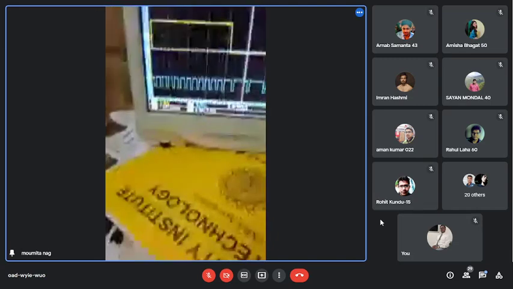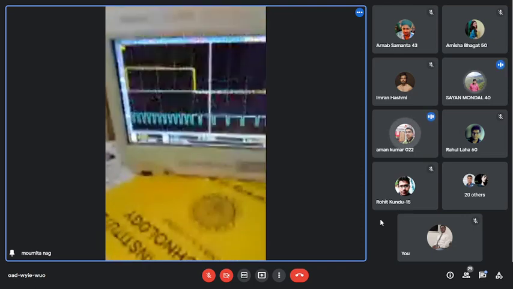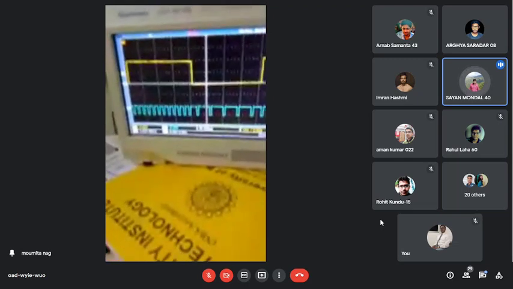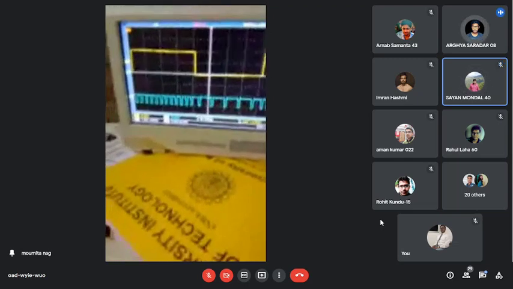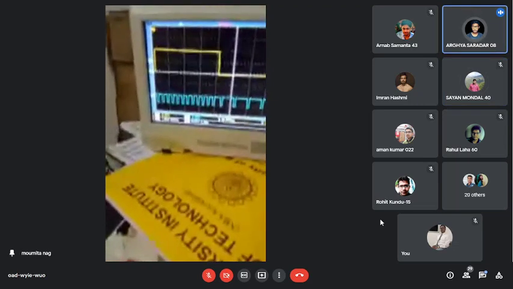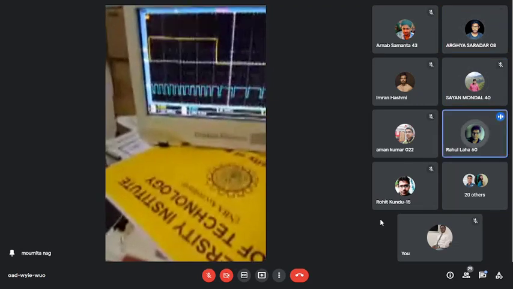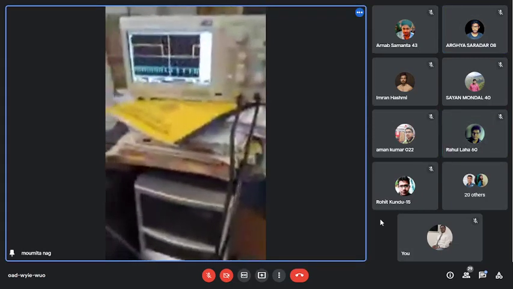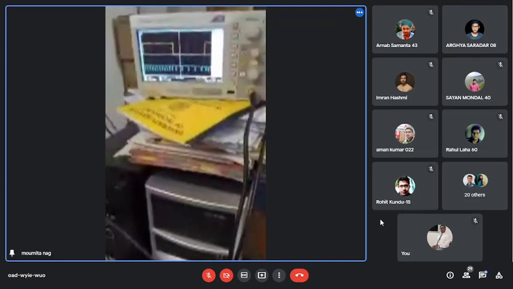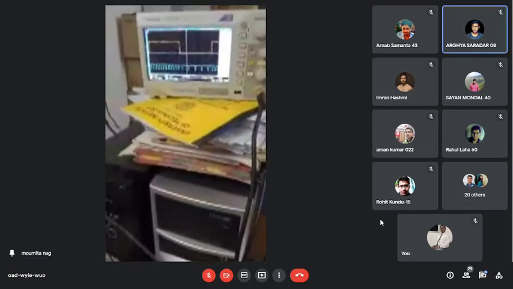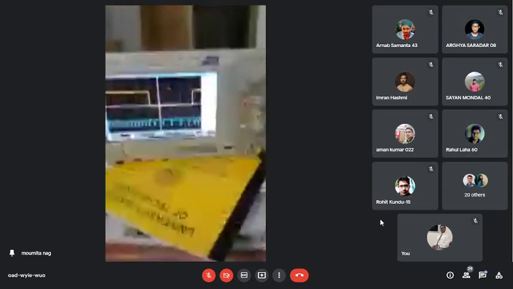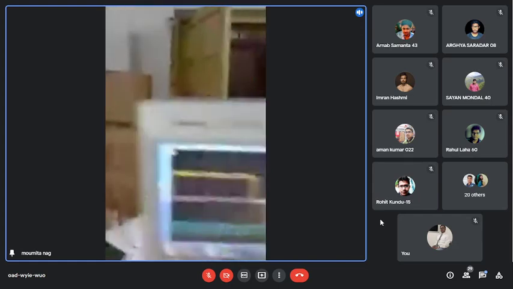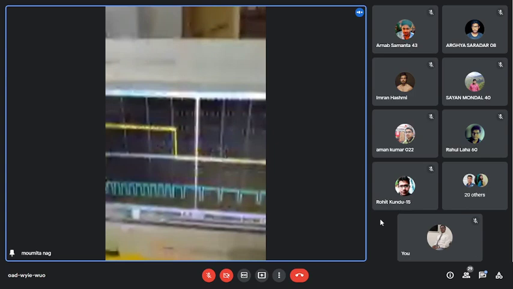It is 6.67 kilohertz. Microsecond means mega hertz, multiplied by 1000 it becomes kilohertz, 6.67 kilohertz. Is it 6.65 or 6.66? 6.66 kilohertz. The higher frequency value is 6.66 kilohertz.